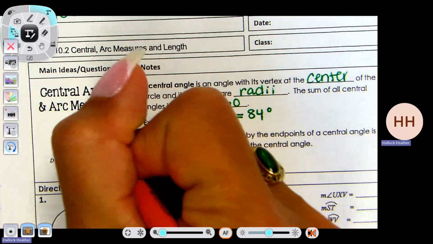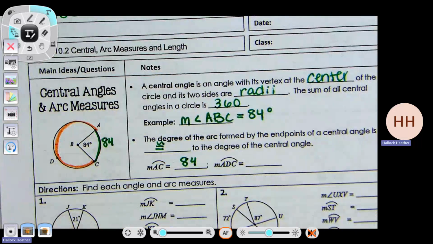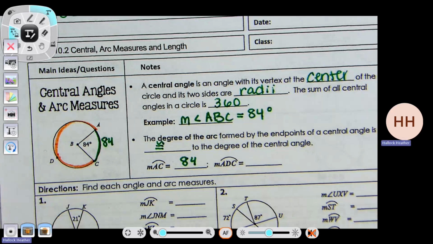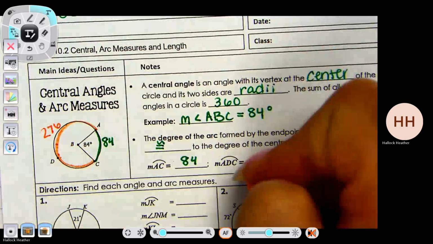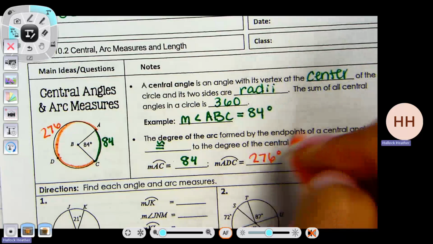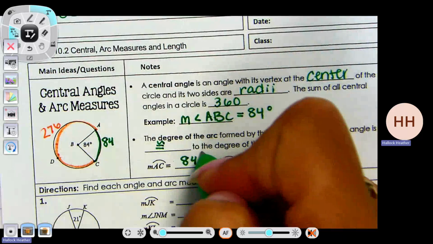I go from A to D all the way around to C. So how could I find that? 360 minus 84, because the rest of the circle is what's shown. So how much is that going to be? 276. So major is more than 180, less than 360. Minor is between 0 and 180.